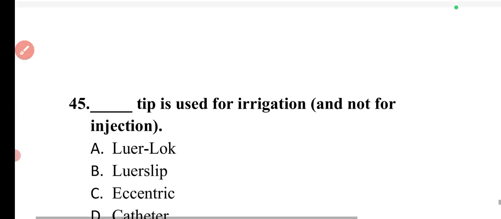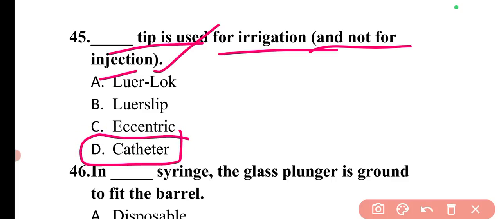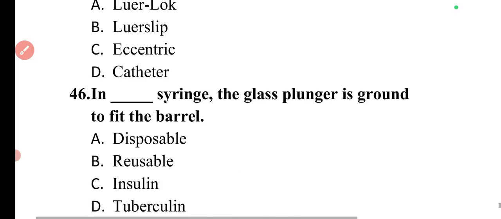Then moving to the next question. The question is, dash tip is used for irrigation and not for injection. So for irrigation purposes, catheter tip is used. So here option D is correct. If you want to see the images, you can simply search these terms on Google, and you will find images of how they look.